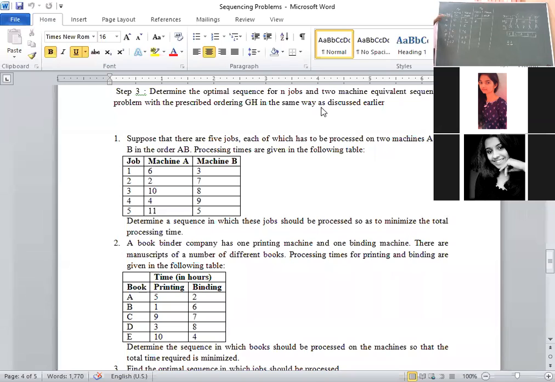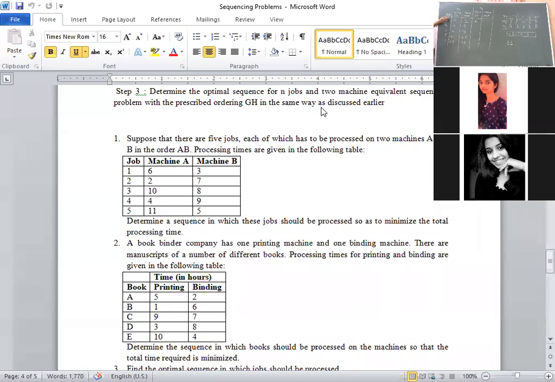Again, I am repeating. Job 2, machine A will perform that task in 2 hours. After completion of this second job, then only it will enter into machine B. That means those 2 hours machine B will remain idle. Whatever the value you get here, we have to take as it is. That means machine B will be idle for 2 hours.